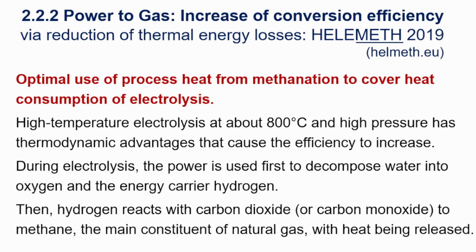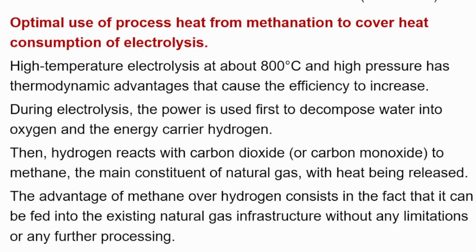Then hydrogen reacts with carbon dioxide or carbon monoxide to methane, the main constituent of natural gas, with heat being released. The advantage of methane over hydrogen consists in the fact that it can be fed into the existing natural gas infrastructure without any limitation or further processing.